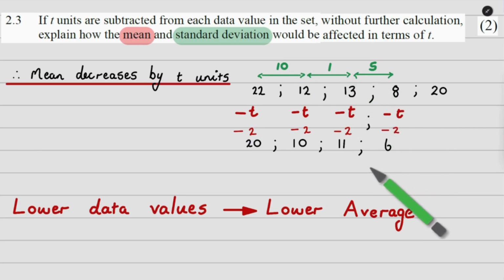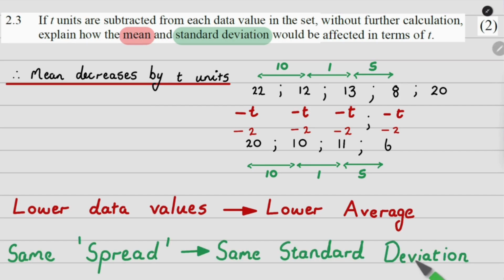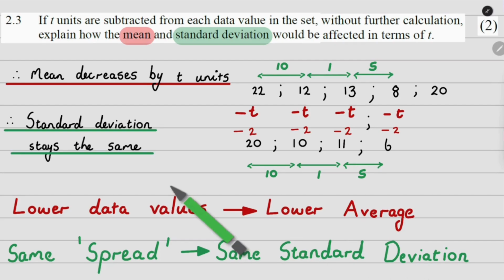Now our new data set has the exact same spread as the previous one, which leads me to conclude that if they have the same spread, it's the same standard deviation. The standard deviation will remain the same. And your 2 marks are simply awarded for each conclusion regarding the mean as well as the standard deviation.